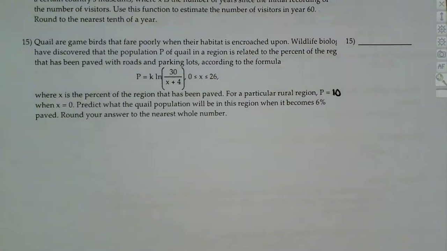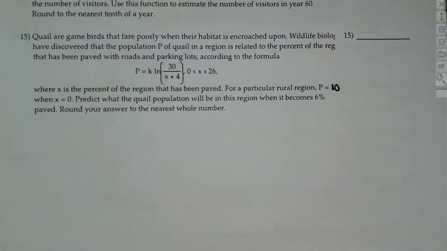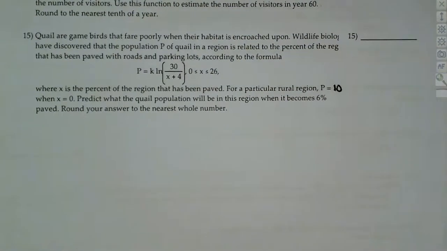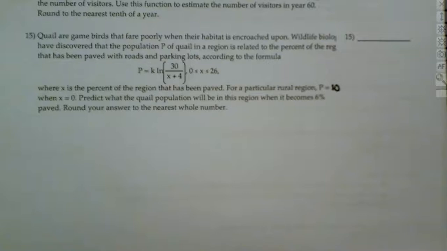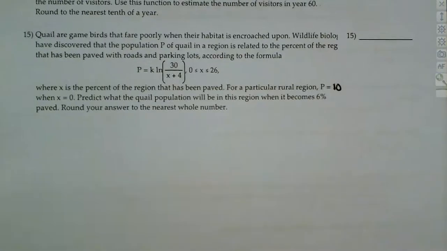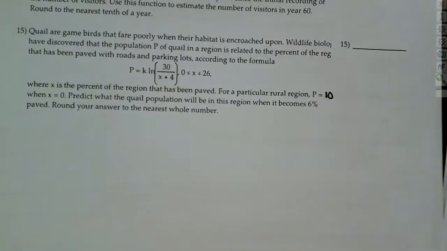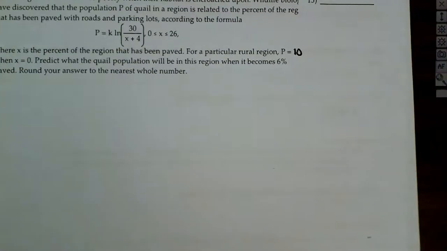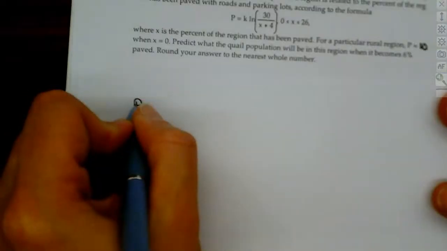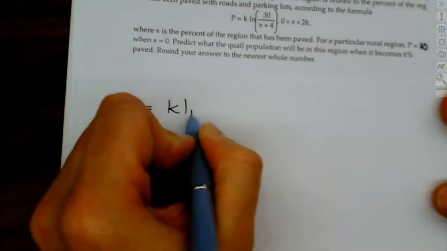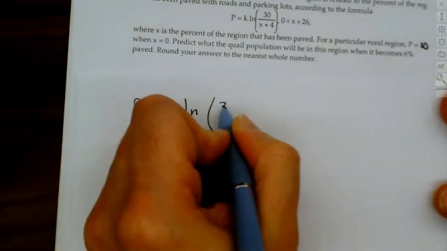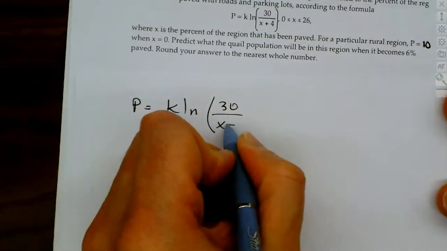So let's work this one out. The first thing we have to do is find our K, just like we did last week with variation. We've got to find that value of K. So here's our formula: P equals K ln of 30 over x plus 4.